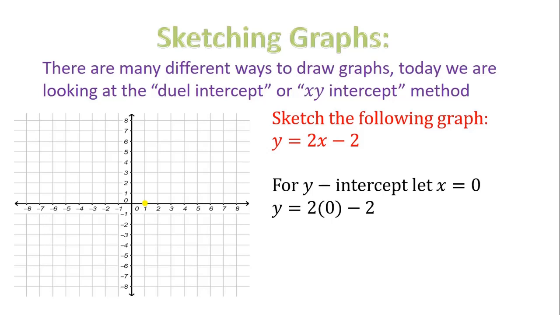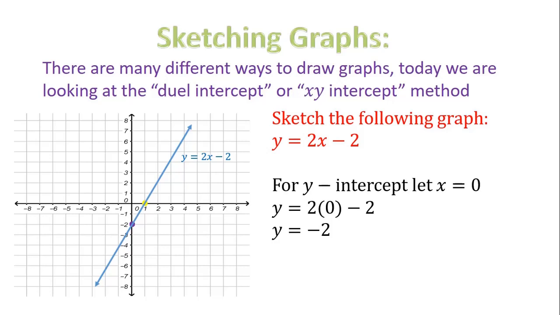Well, 2 times 0 is 0, and so y equals minus 2, and I plot my point. Now I've got my 2 points where they cross the axes. I take my ruler, I draw my line. Last thing I do is I label my line: y equals 2x minus 2.